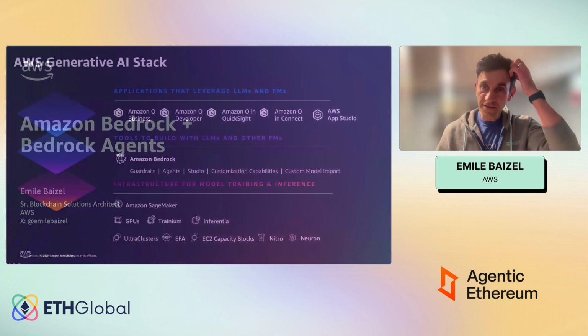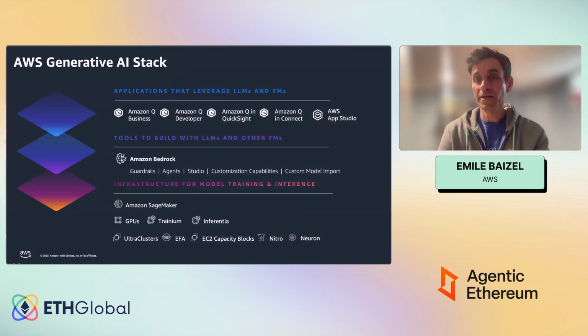But to start off, I want to give a high-level overview of how we view generative AI and how we're incorporating it across our stack. So here we have a 3-layer stack of different levels of integration with generative AI. At the top, you have user-facing applications, like Amazon Q Developer, a coding assistant that plugs into VS Code and other IDEs which you may be using.